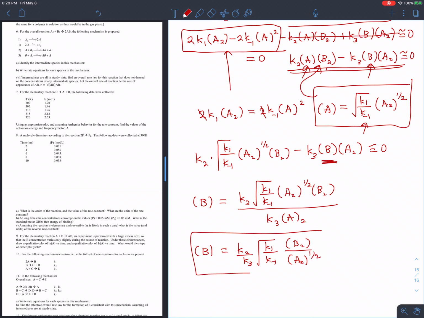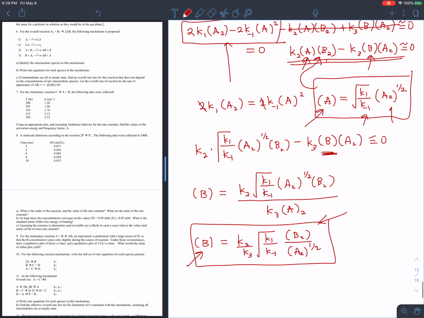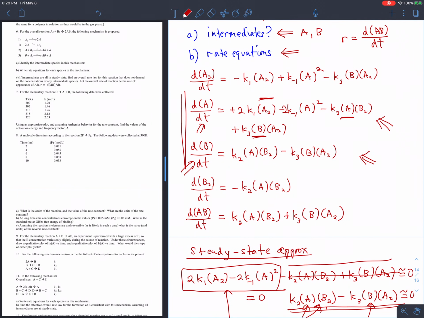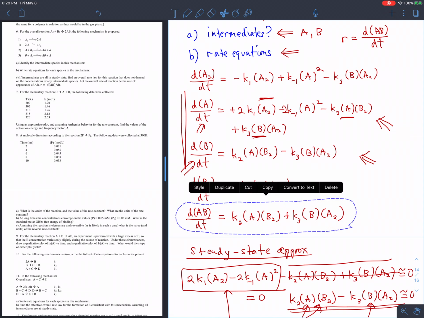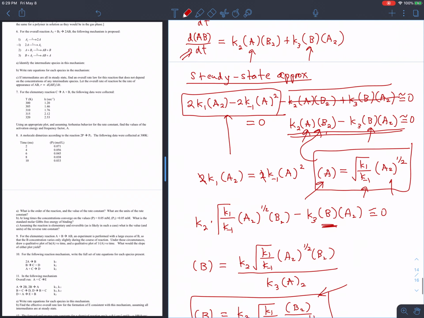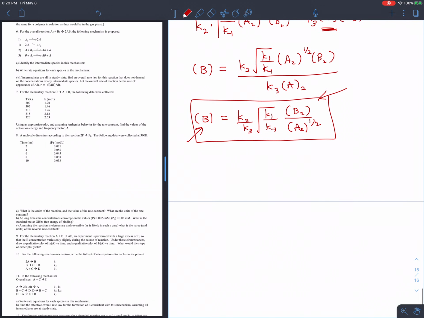All right, so now we've got our two expressions that express the intermediates in terms of only majority species, right? B2 and A2 in these two cases. Now we have to take our expression for the rate of change of our product and substitute in our new expressions wherever there's an intermediate in that product relationship.